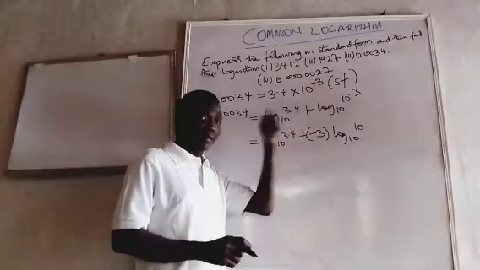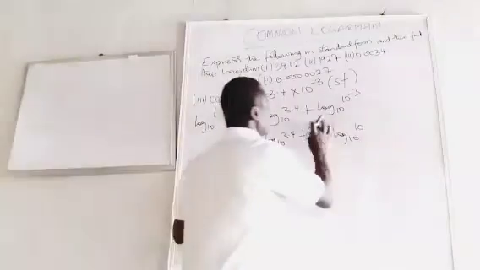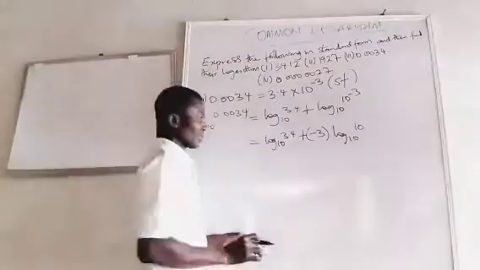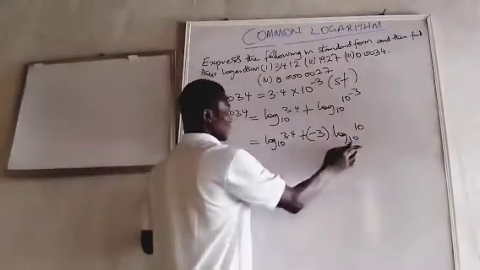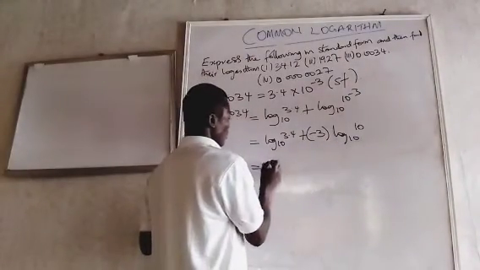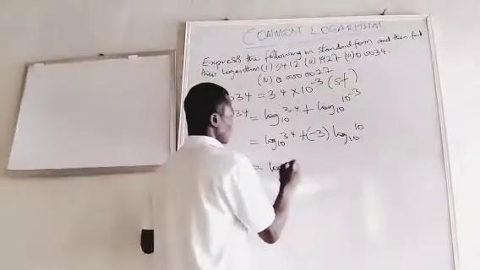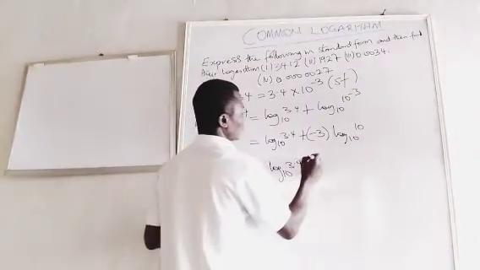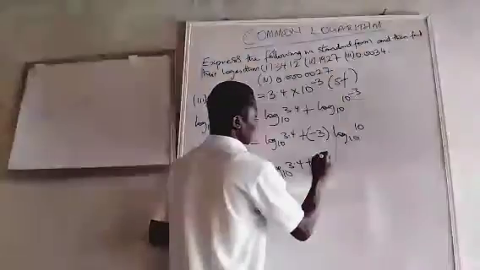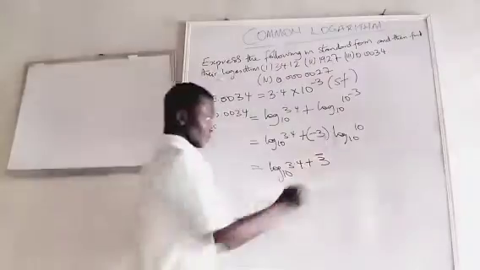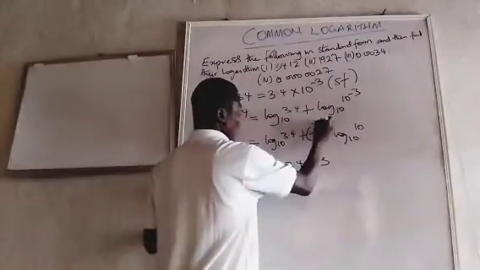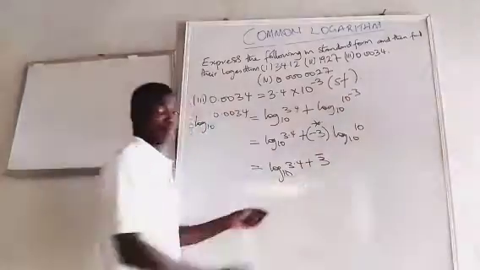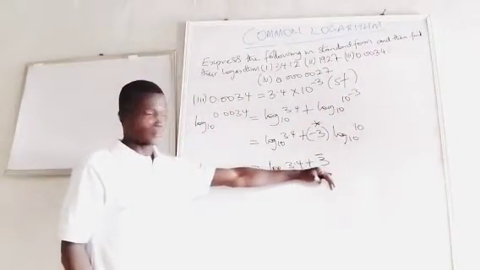We make it bar 3, that is, we put the minus sign up here. Log 10 base 10 is 1. So it's going to be log 3.4 plus bar 3. Please take notes. We place it like this, bar 3.